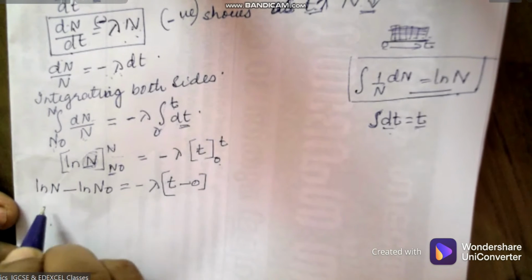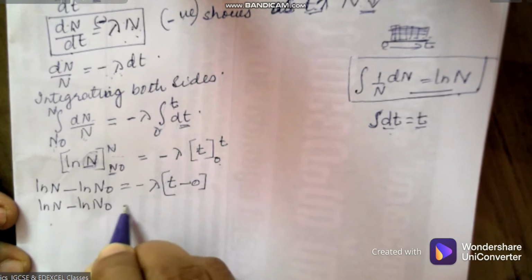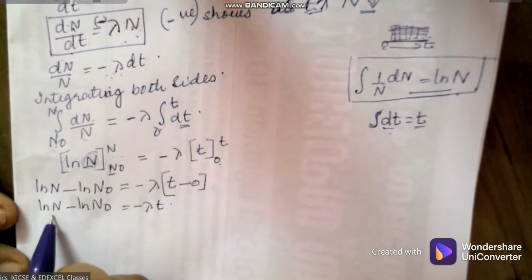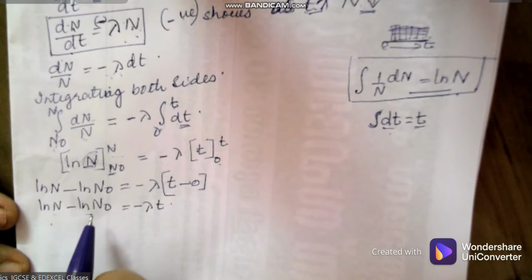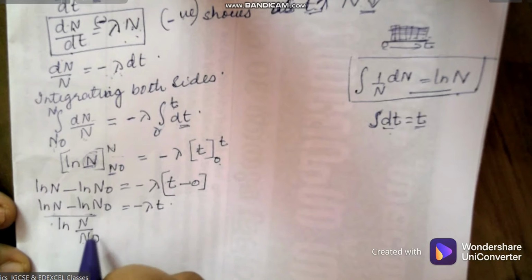So rearranging, what do you get? ln n minus ln n naught is equal to negative lambda t. Now use a rule of logarithms, subtraction of two logarithms with the same base. How can you combine this? ln n by n naught. Memorize these steps using different rules.